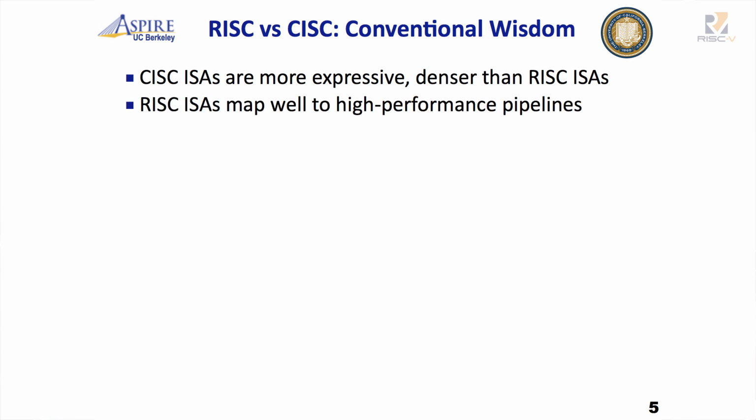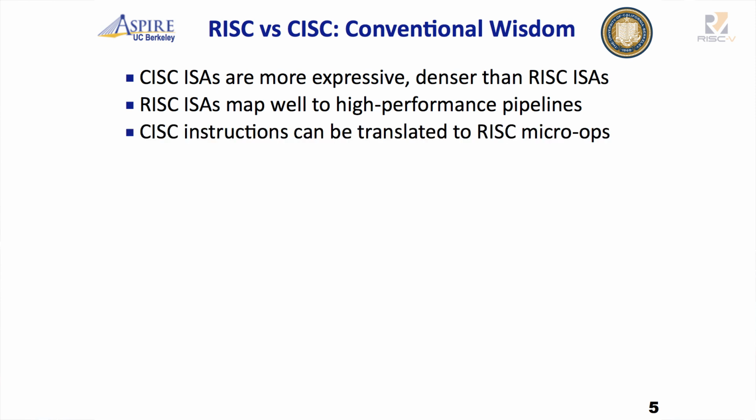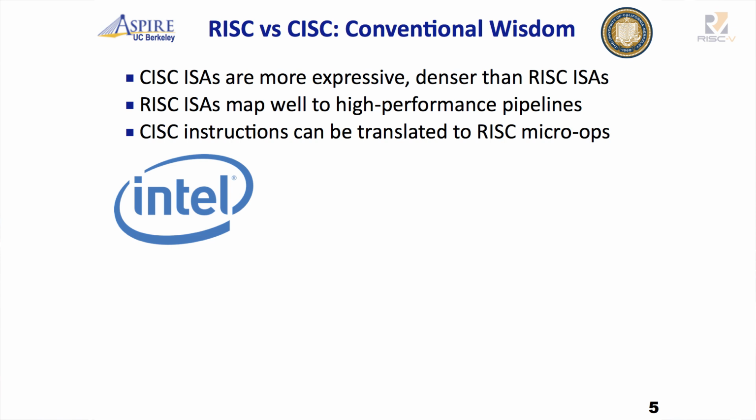With RISC, RISC instructions map very well to high-performance pipelines, so it's really easy to make these go fast. But then the CISC guys did a bit of a jiu-jitsu and realized, wait a minute, we can just on-the-fly decode or retranslate our CISC instructions into RISC-like micro-ops. So we can have both the expressiveness and the density and get the high performance. And this is what we've seen borne out in the marketplace. The CISC ISAs from Intel have dominated the desktop and server spaces.